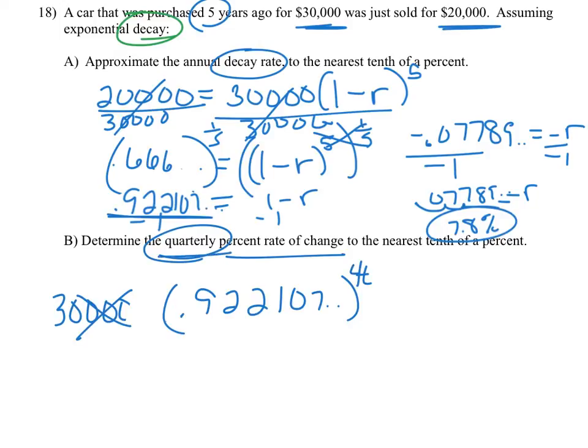We want to just figure out the new percent or quarterly rate of change. So remember, I want a 4 there. So if I want a 4 there, I have to raise this to the 1/4 power. So when I do that, I get 0.97993 blah, blah, blah, to the 4t. Do 1 minus that number.